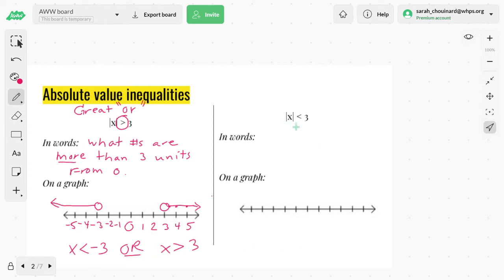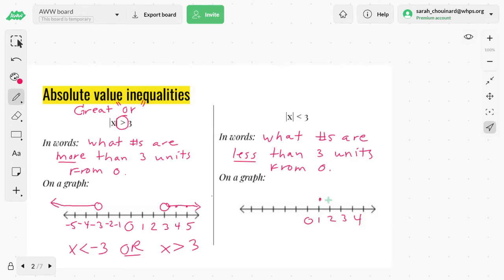Whereas if we have the absolute value of x less than 3, what we're looking for here are what numbers are less than 3 units from 0. So if we look at a graph here, any number that is smaller than 3 is going to be less than 3 units from 0.